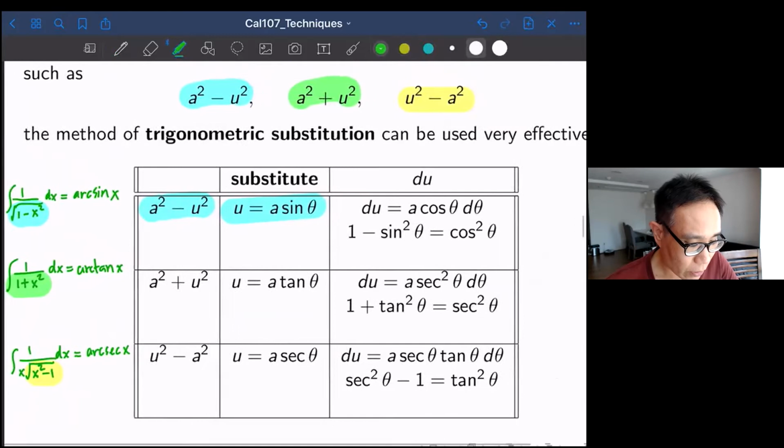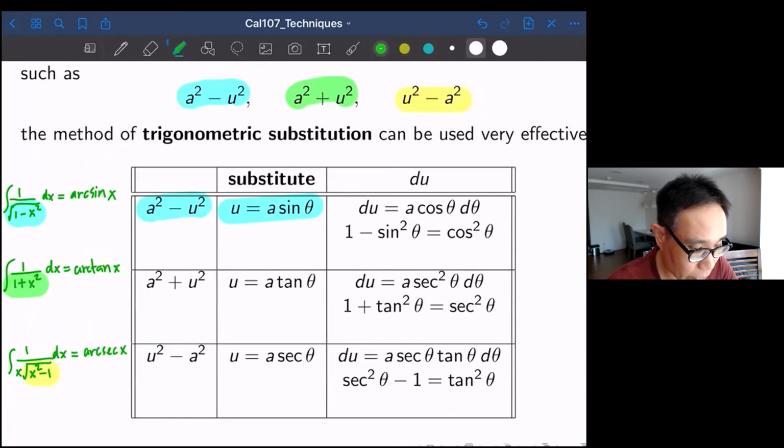For a squared plus u squared, you substitute u equal to a tan theta. And finally, for u squared minus a squared, you substitute u equal to a sec theta. Then you compute du and use the identity accordingly.